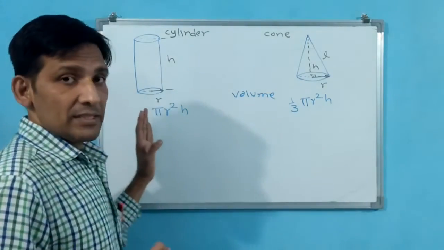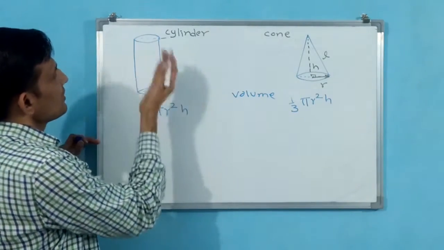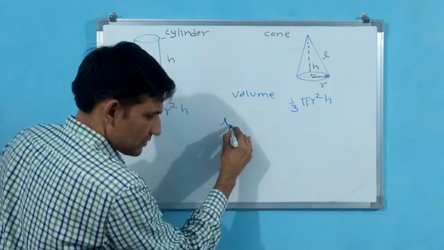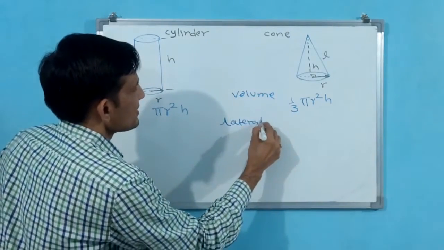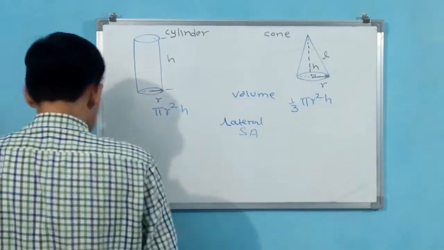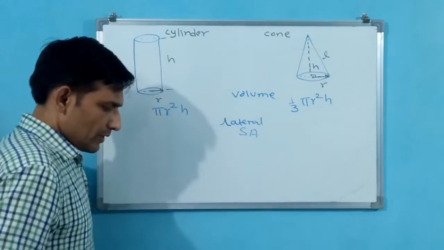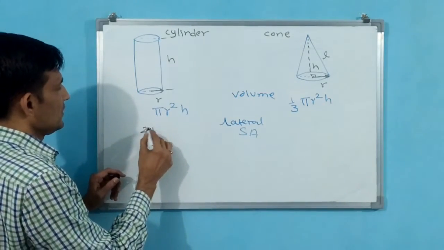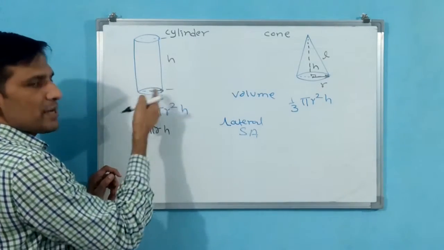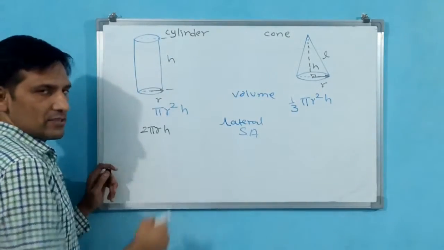Let us see area also. Area means curved surface area, and the top and bottom surface areas are both different. Lateral surface area, you can take SA as surface area. Lateral surface area is 2 pi r h. Why? Because circle perimeter into height, you have to take 2 pi r into h.